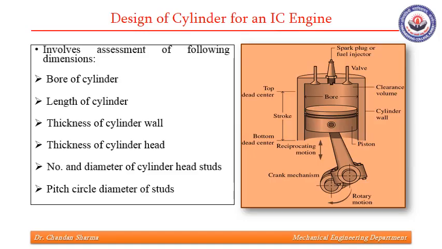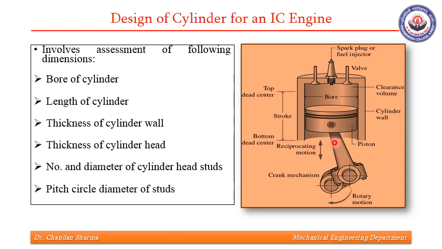First of all, let us quickly recall what we have learned while we designed a cylinder for an IC engine. This is the sketch of cylinder of an IC engine along with piston and connecting rod.